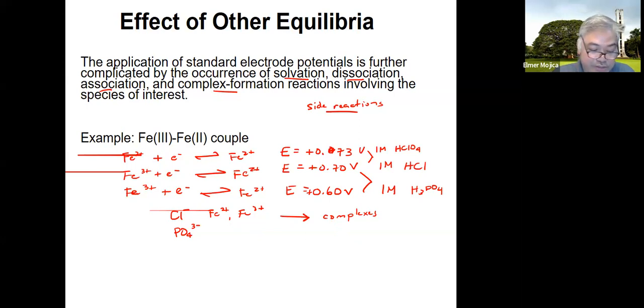So the actual concentration there of your uncomplexed iron. So what are the uncomplexed iron here? Usually the Fe3+ and Fe2+ that doesn't react with the other species.